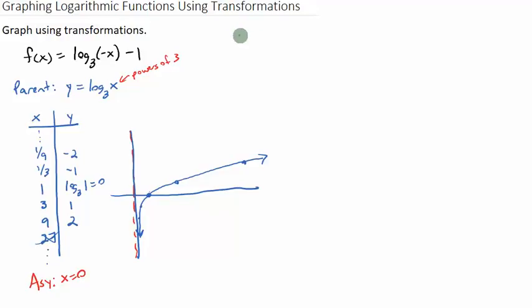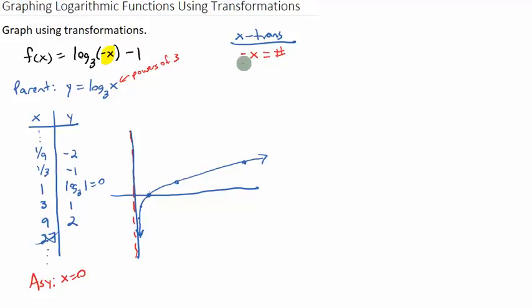So I look for my x transformations. X transformations happen where x lives, and in this case, that's inside the log. This is called the argument. So I need to take negative x, and to get x transformations, I treat that negative x like it's in an equation that I'm trying to solve for x. I want to get x by itself.